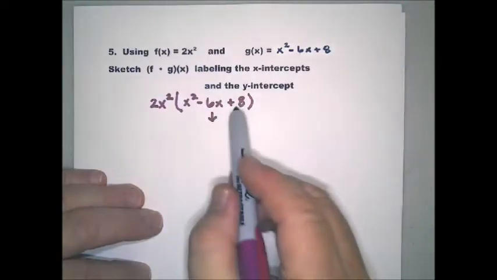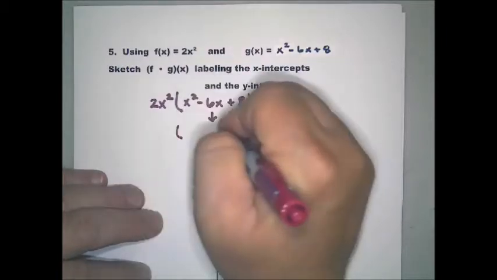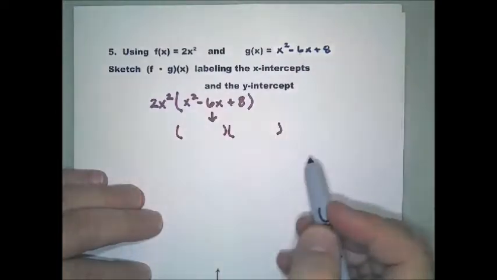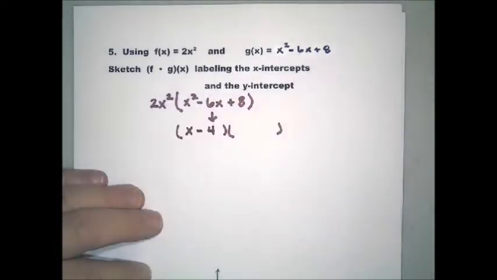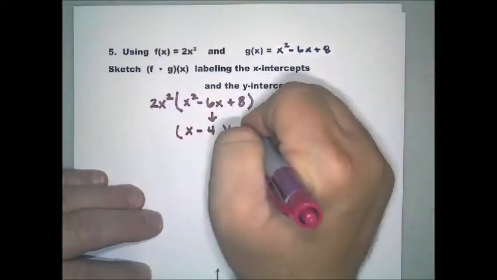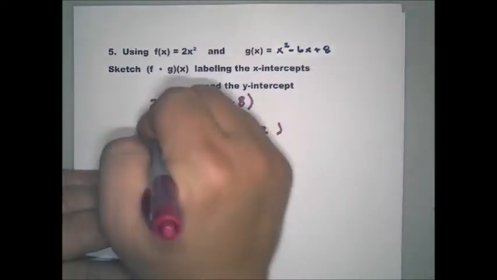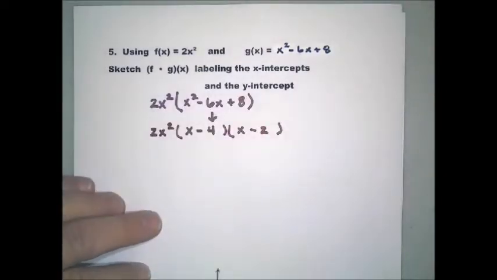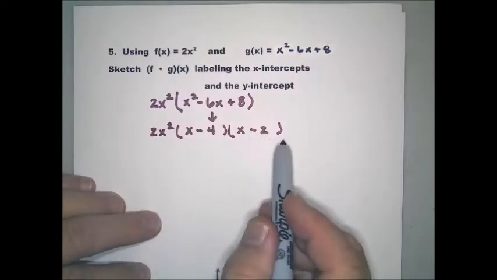There are factors of positive 8 that add up to negative 6, and that would be negative 4 and negative 2. So x minus 4 would be one of the factors, and x minus 2 would be the other factor. But don't forget there's that 2x squared out here in front also. So now we have the problem fully factored.